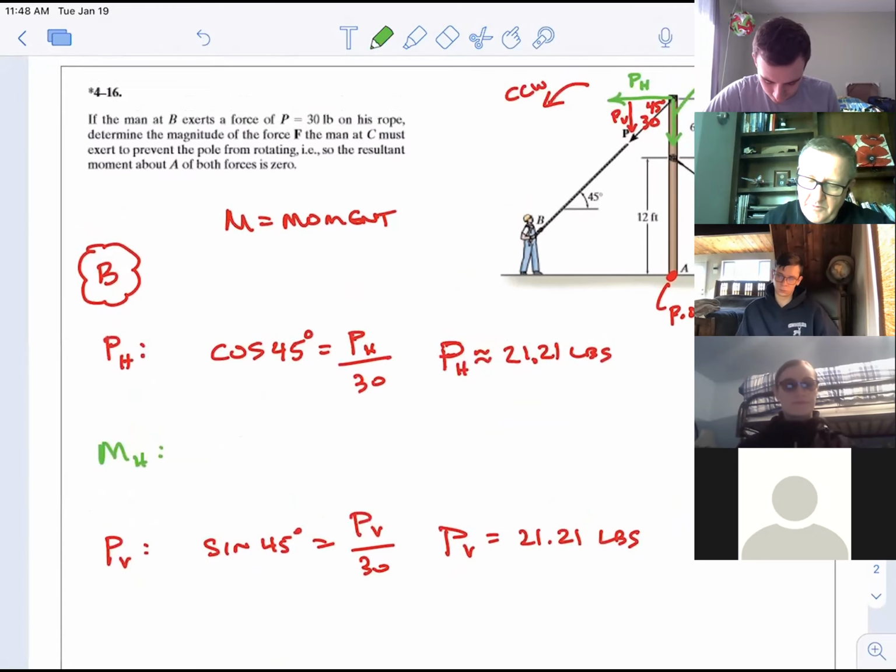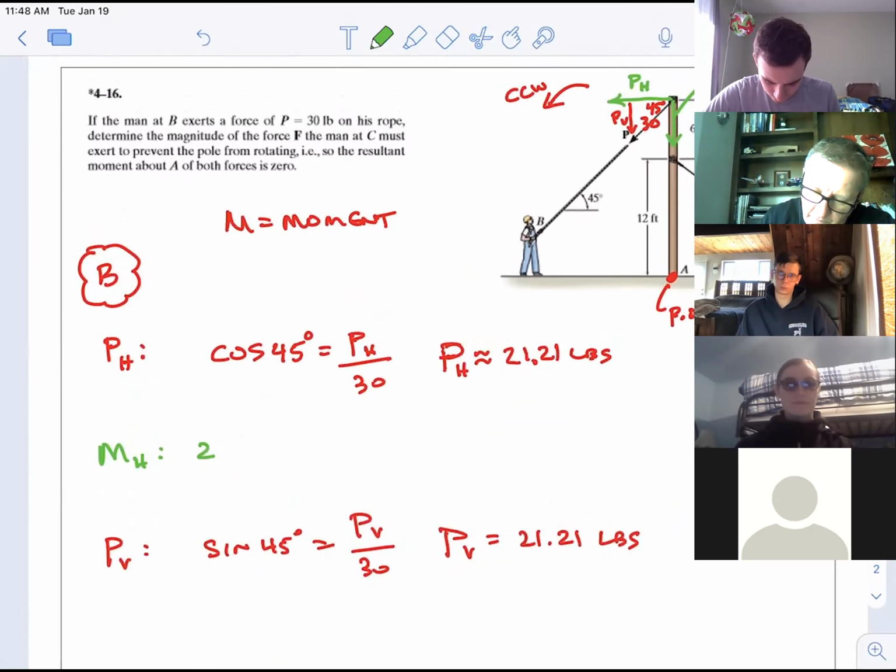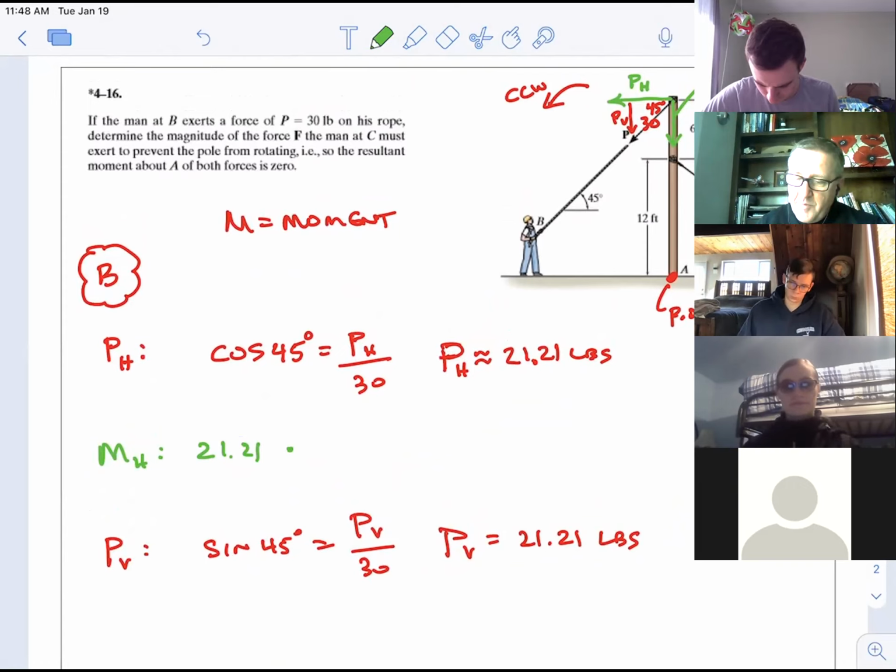Remember, that's a force times the distance. Well, now I know its force, 21.21. But what's its distance? How far is P of H from the point of rotation? Do you see how it's easy to steal from the picture? Blurt it out. What's the distance? How far is that away? 18. Yeah, here it is, perpendicular straight down, 6 feet plus 12 feet, 18 feet.